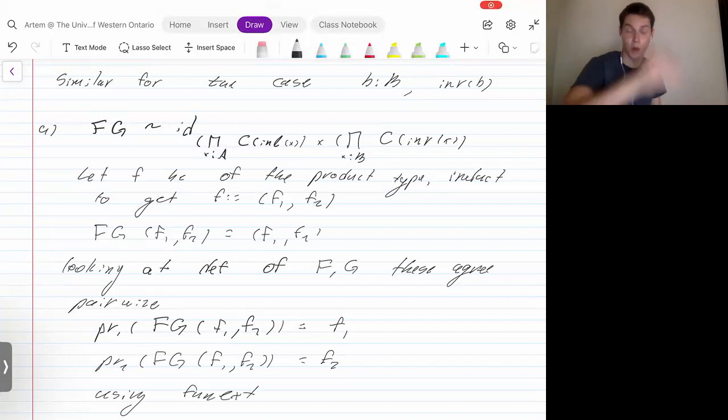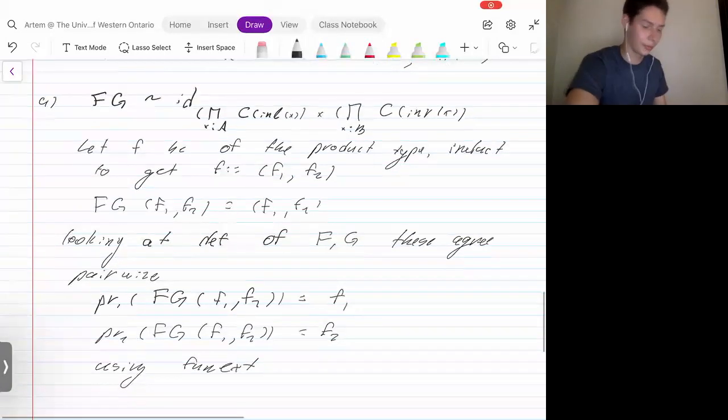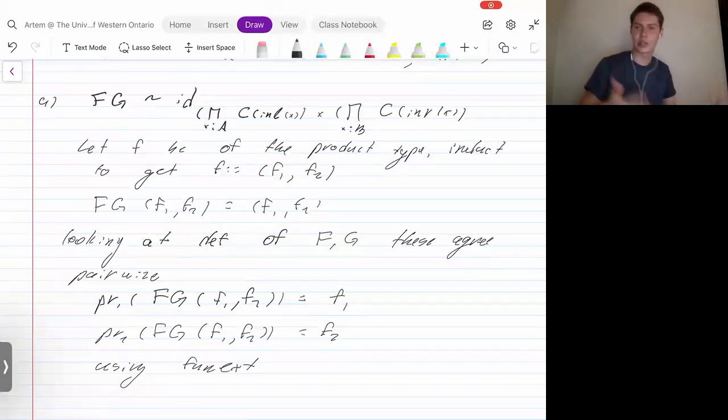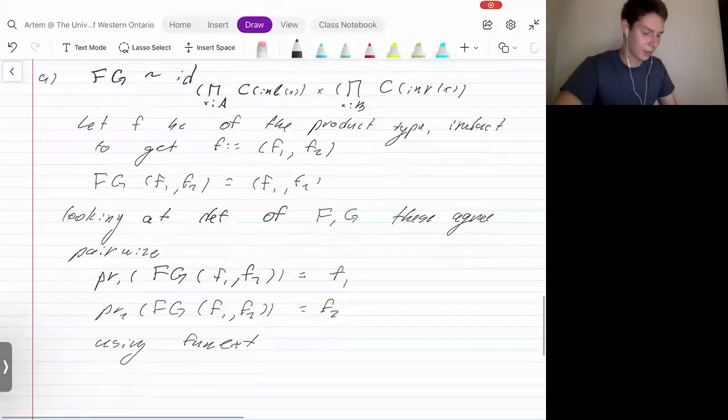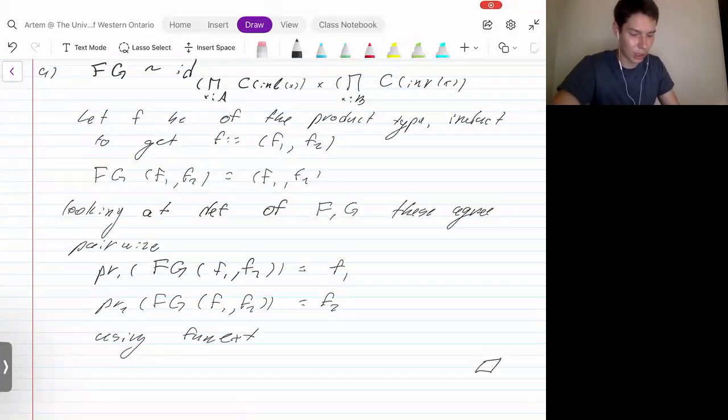So check them pointwise. You can certainly do that, but this is just unwrapping definitions again, so everything should be clear. So with this, we are done. This indeed establishes an equivalence.